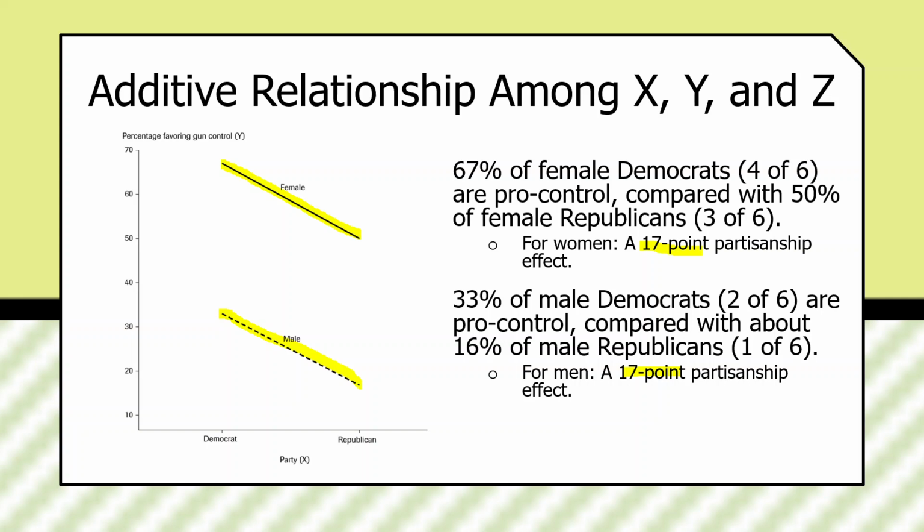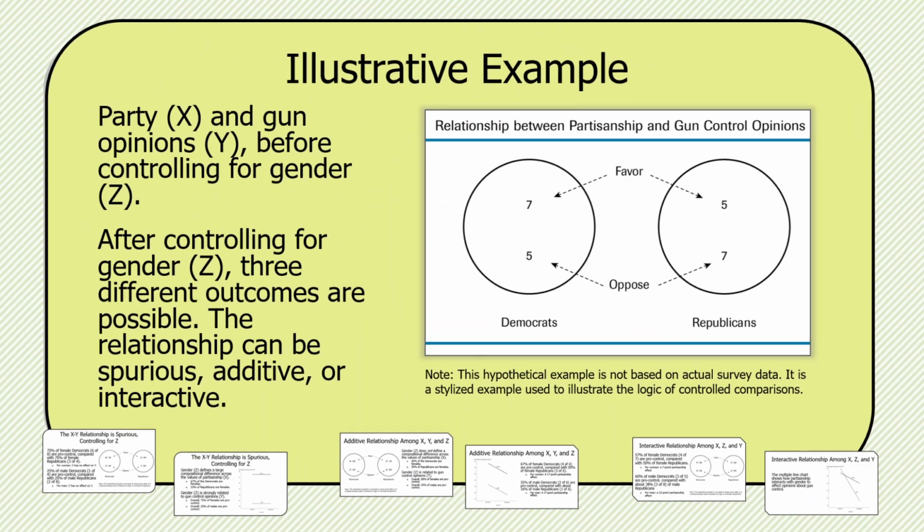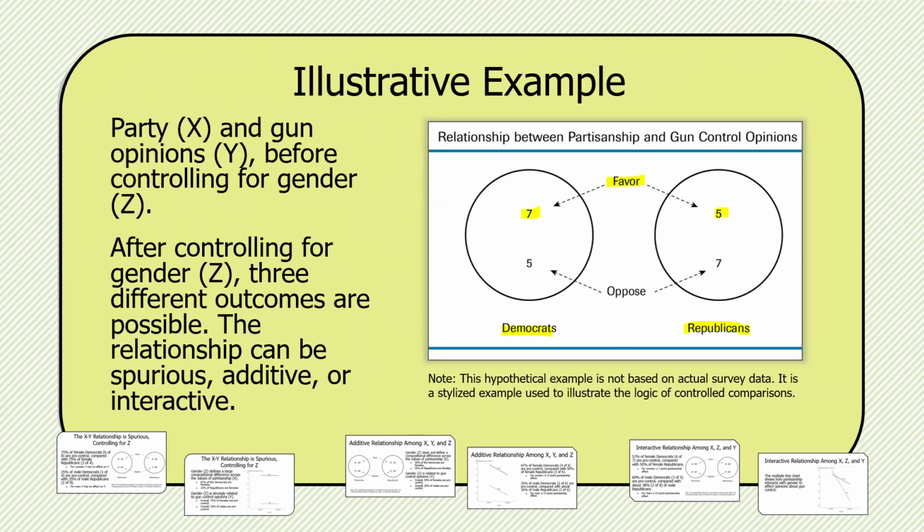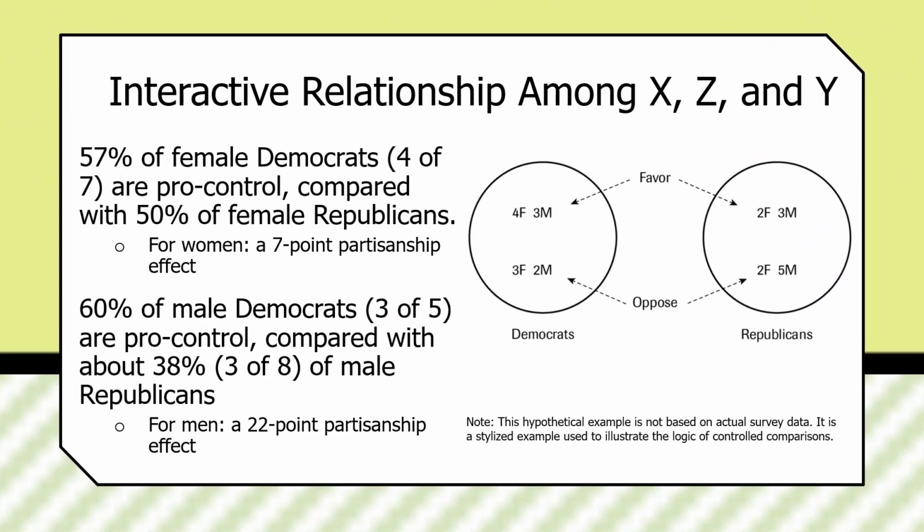All right, now let's look at something that's asymmetrical but very interesting. You know, we've just gotten into the habit of looking at compositional differences and effects on Y. Let's just focus this discussion on the effect of partisanship among women and the effect of partisanship among men.